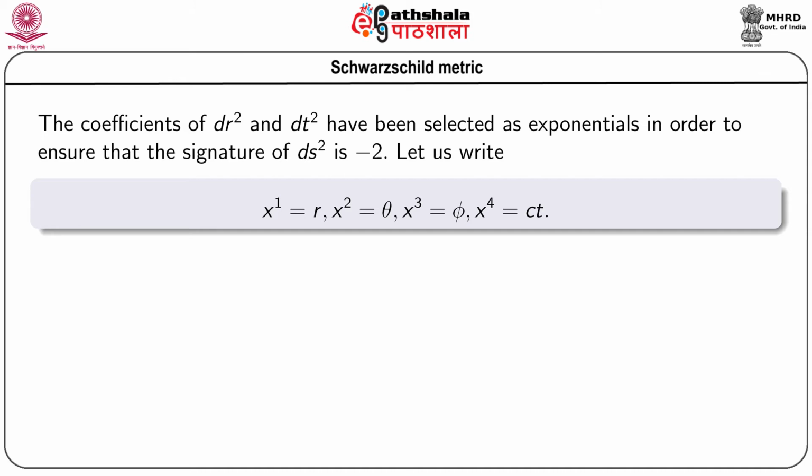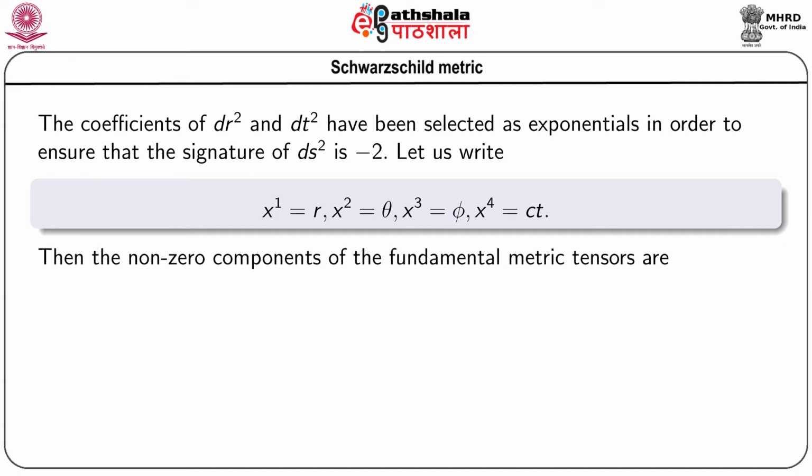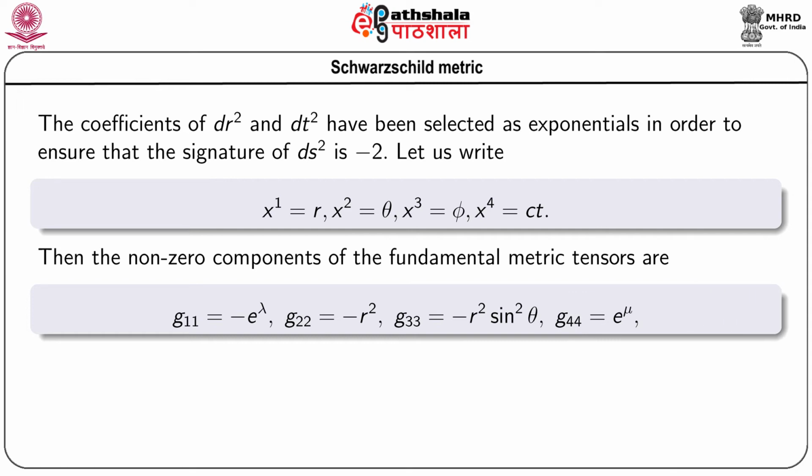x1 equal to r, x2 equal to theta, x3 equal to phi, and x to the power 4 equal to ct. Then the non-zero components of the fundamental metric tensor are g11 equals minus e to the power lambda, g22 equals minus r square, g33 equals minus r square sin square theta, and g44 equals e to the power mu.